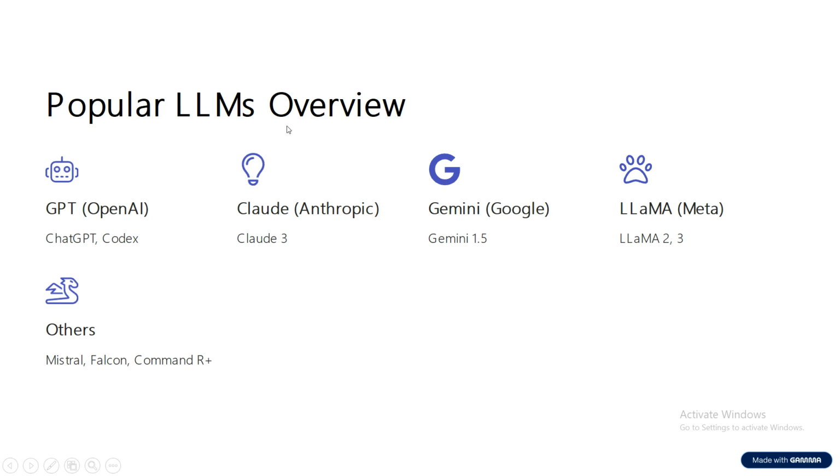Popular LLMs overview. Here are popular LLM models. GPT, which is developed by OpenAI, ChatGPT, Codex, Claude, Claude 3, Gemini, currently Gemini 1.5, Llama, which is developed by Meta, Llama 2 and 3, and there are others.